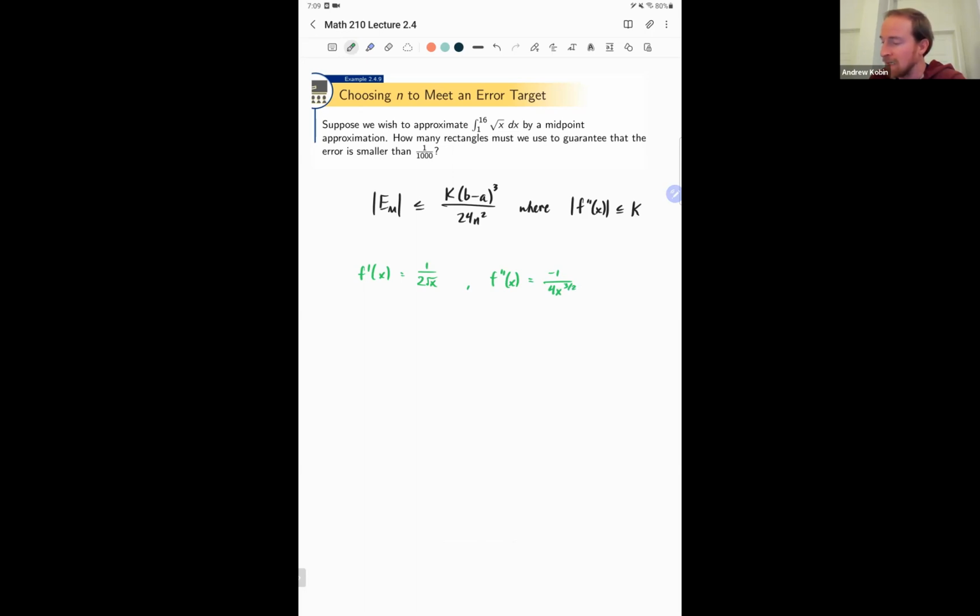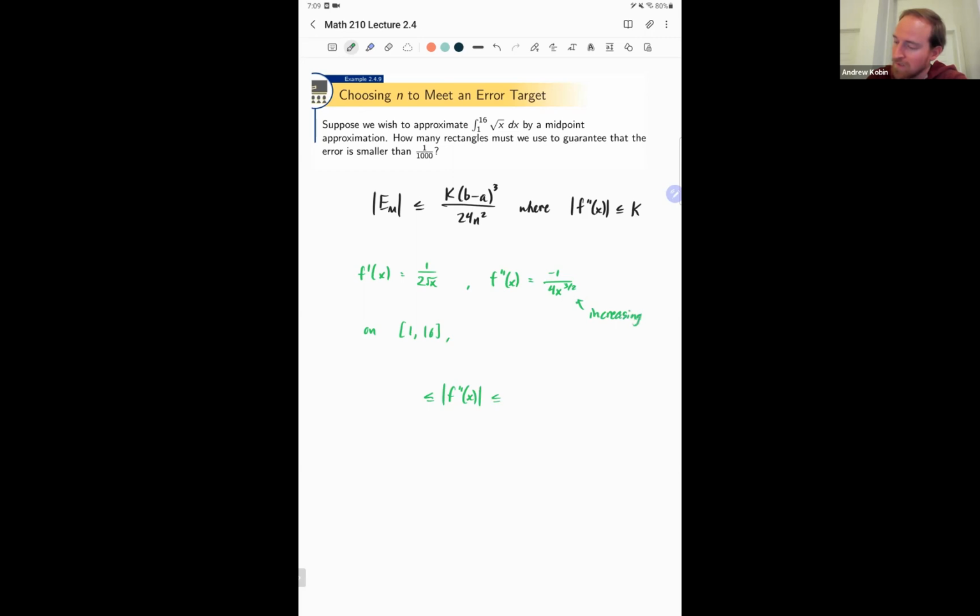And any x values we plug in here will give a negative second derivative value. We're going to need our absolute values here, in other words. So on the interval from positive 1 to positive 16, let's bound the absolute values of the second derivative over this interval. Notice again that for the second derivative, these are negative values, and if we make the denominator smaller, this whole fraction is always increasing.